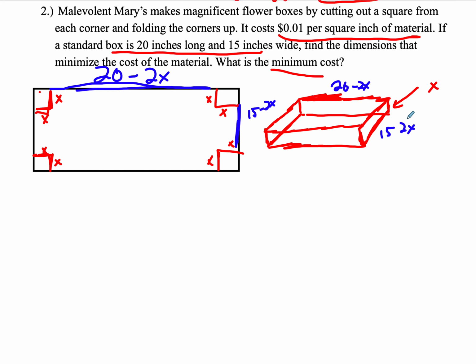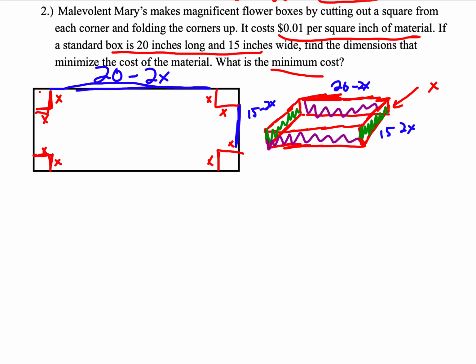Now, we can assume that this box has an open top, because if you think about it, there's no way to stretch that material and make a top to it. So here's what I know. I need to do the surface area. So let's cut this up. I know I've got 2 of these.